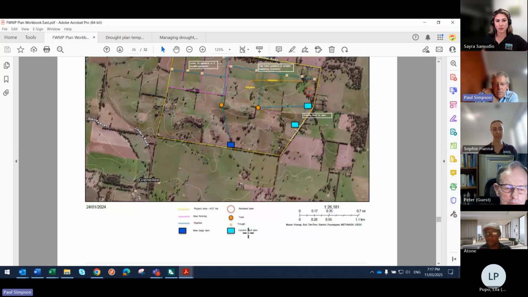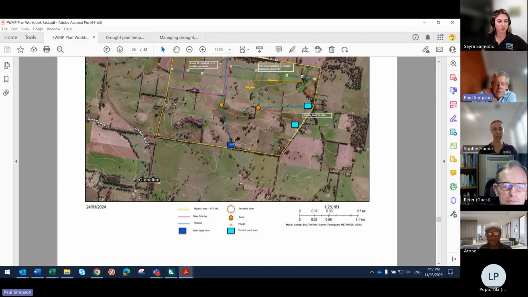So you can see here, they put in a large new dam, that dark blue one here. They've left this old dam over there open as a retained dam, non-fenced, as a bit of an environmental biodiversity asset.